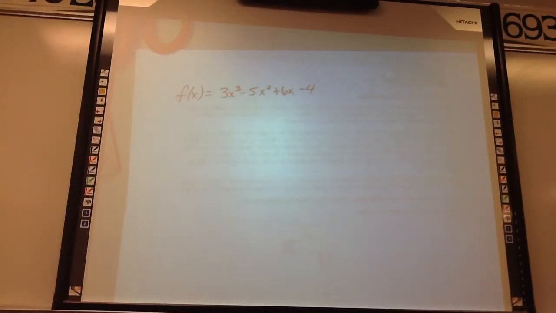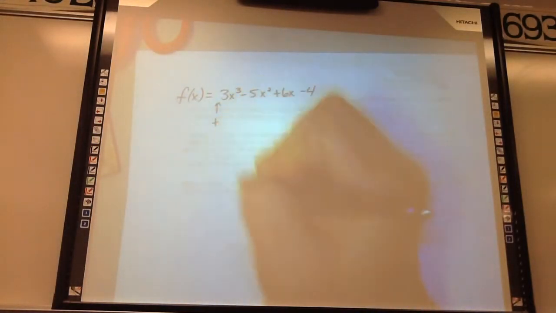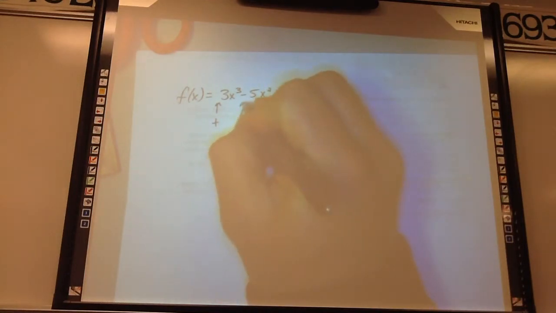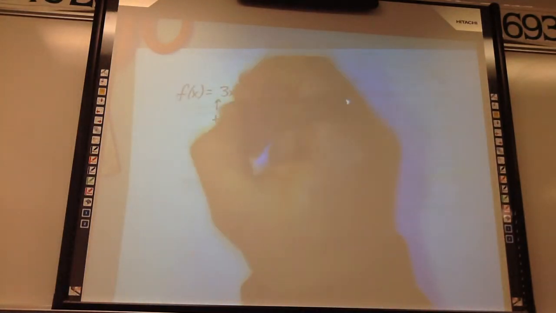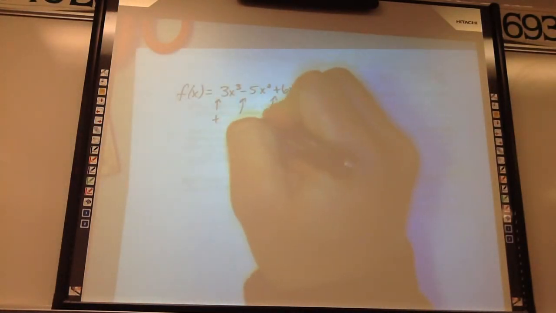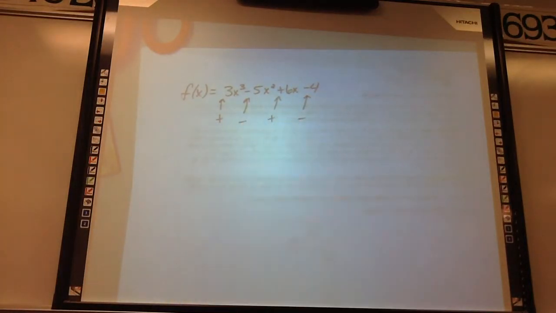Here's what that means. When it talks about the variations in sign, this is positive, isn't it? And then it switches to negative. That's one variation in sign. And then it switches back to positive, and then back to negative. So we got 1, 2, 3 variations in sign. The signs changed 3 times.